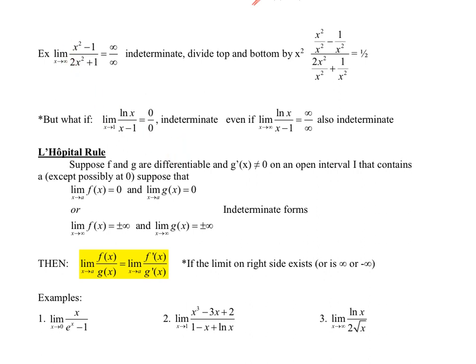I don't have the 1/2 here. I don't have the same powers that I could just take the 1/2. I don't have anything that I could factor and reduce. And even if I went to infinity, this is also indeterminate. So the question becomes, what do I do when there are no tricks, nothing to factor, none of that stuff?